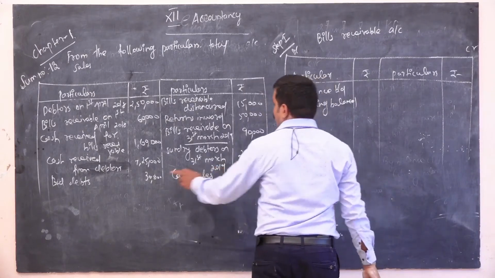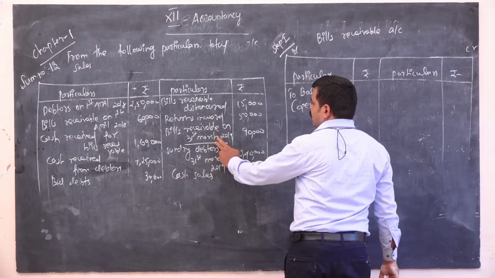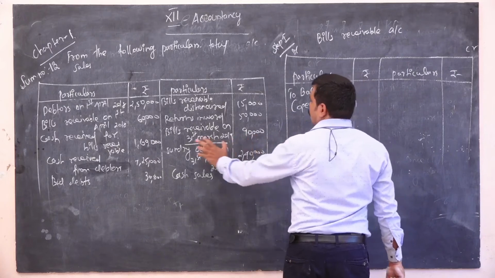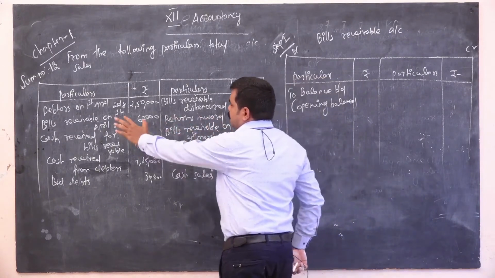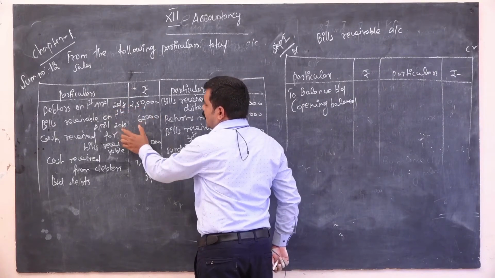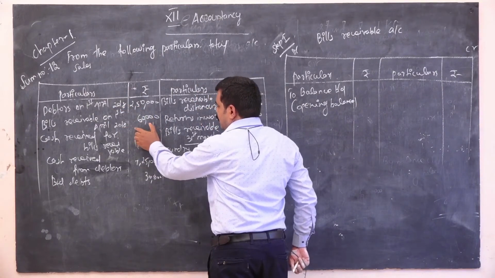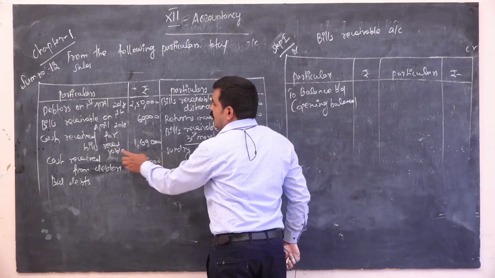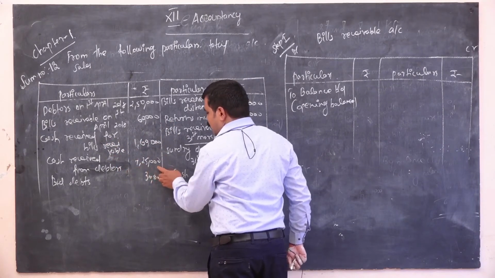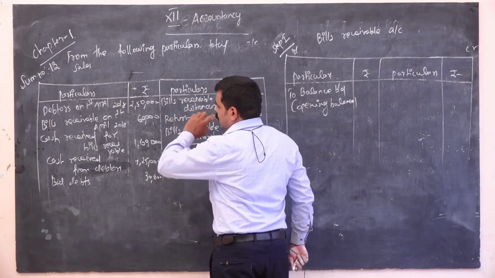Next, closing balance. What is the amount? 90,000. That is bills received on 31st March 2019. Debtors 2,50,000, that is opening balance. Bills receivable opening balance 60,000. Cash received, bills receivable 1,60,000. Cash received, debtors 7,25,000. This amount comes under total debtors account.